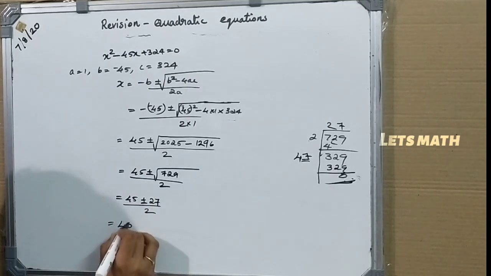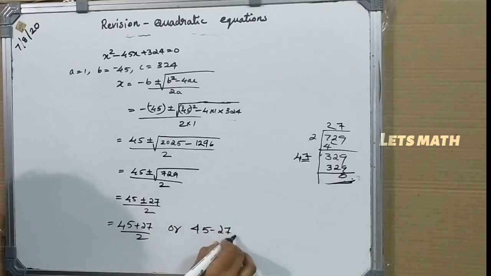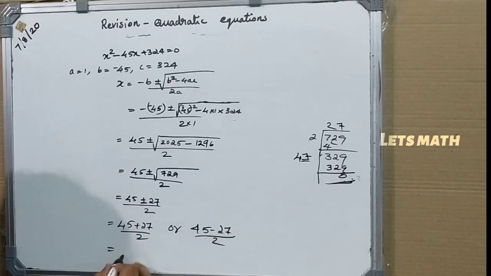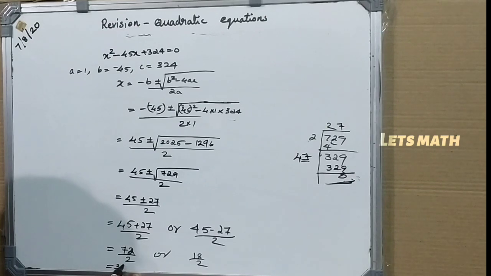So it is 45 plus 27 by 2 or 45 minus 27 by 2. That is 72 by 2 or 18 by 2, that is 36 or 9.